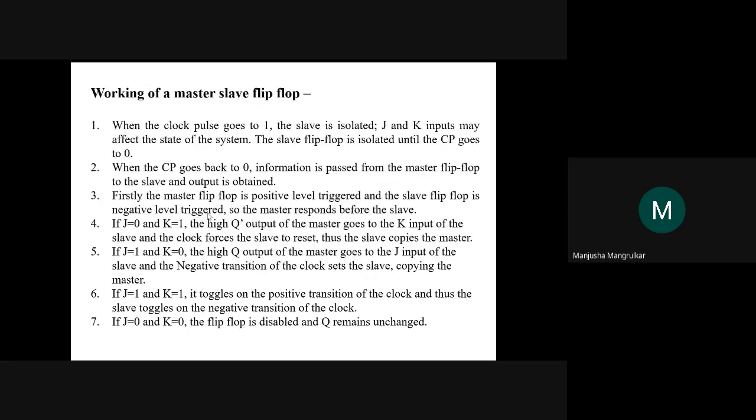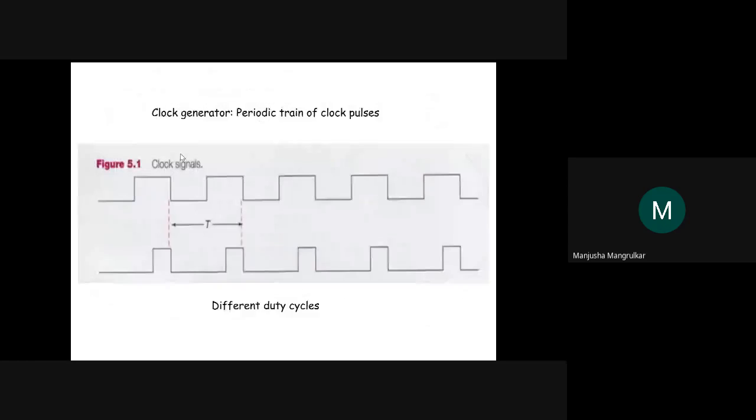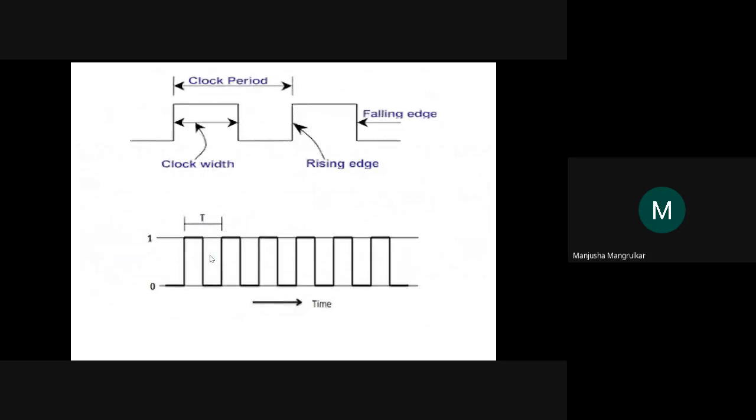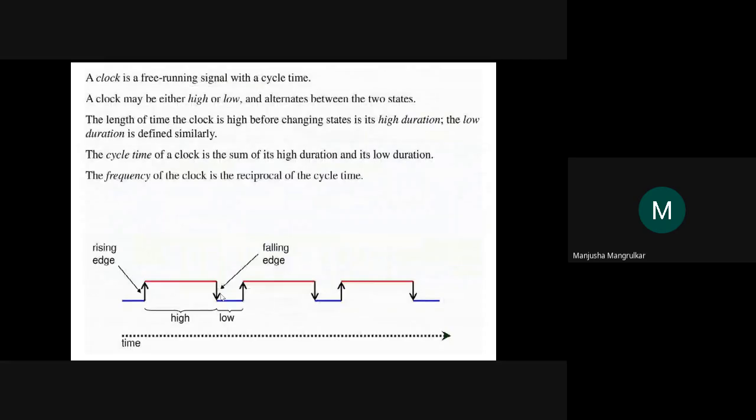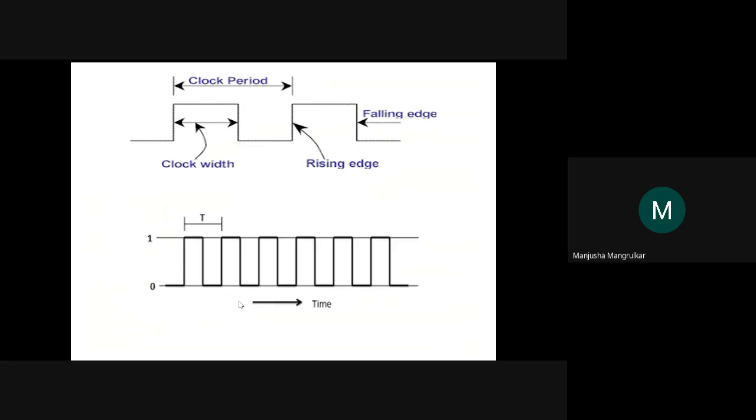This is the falling edge, and this is the rising edge. This is a positive level trigger and this is a negative level trigger. The red line indicates the positive level trigger, and the blue line indicates the negative level trigger.